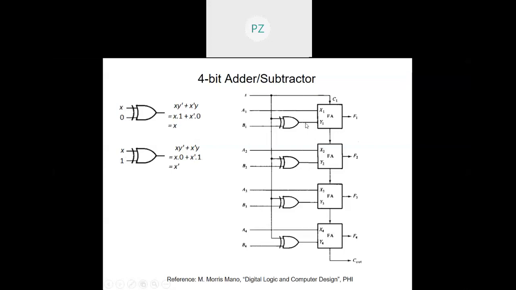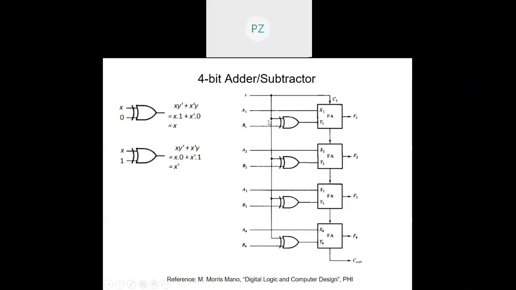Now come to this circuit, which is an adder subtractor. It carries out addition as well as subtraction, depending on this control line S. This line S can have two values, 0 and 1. Suppose this is 0 to begin with. When this is 0, the carry fed to this stage is 0. Now A1 goes to X1 and B1.